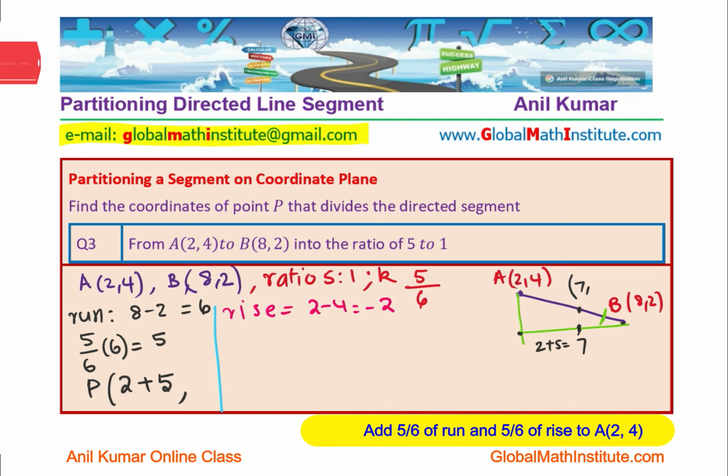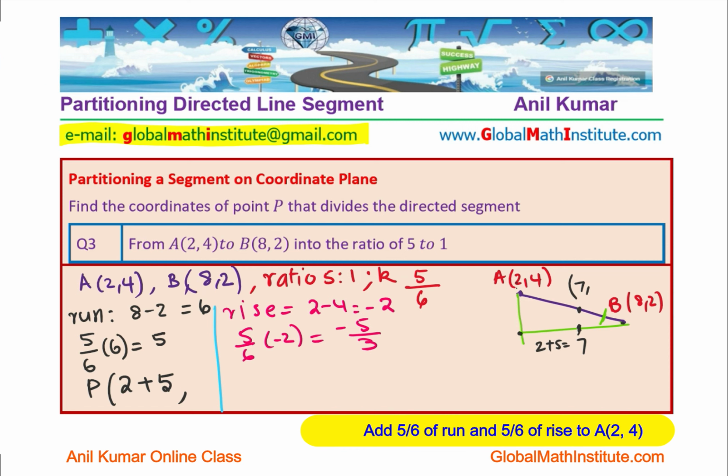So we have to go for 5/6 of this, right? So 5/6 of minus 2 will be minus 5/3, right? So that is what we have to add to 4.